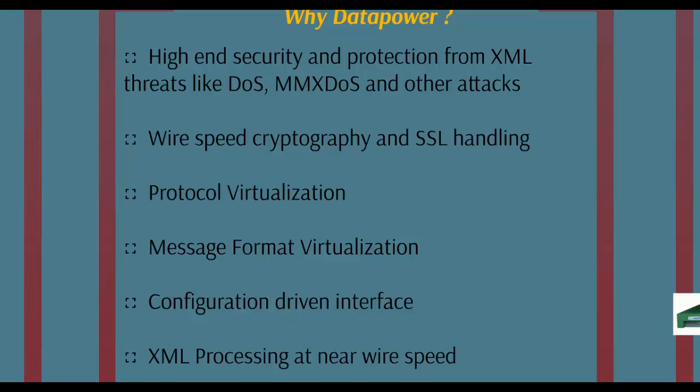The speed at which DataPower can process that is near wire speed, and that is where it shines from most of the products, because most of the ESB products in the market are software based products. There is a limitation over what software speed can be, and DataPower is purpose built for handling cryptography and SSL. Then there is protocol virtualization.